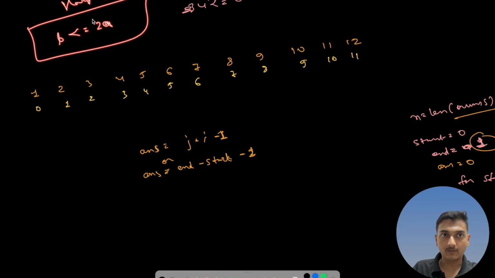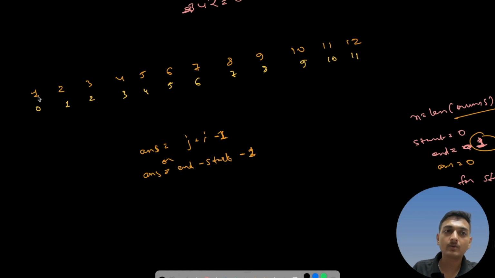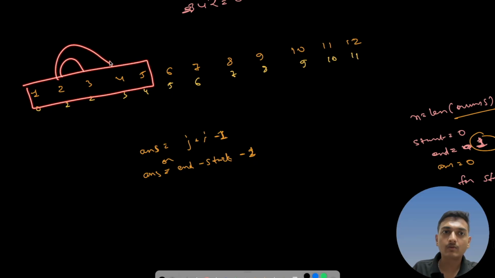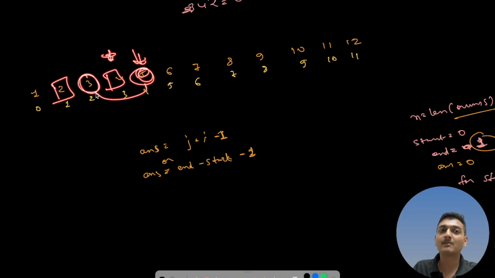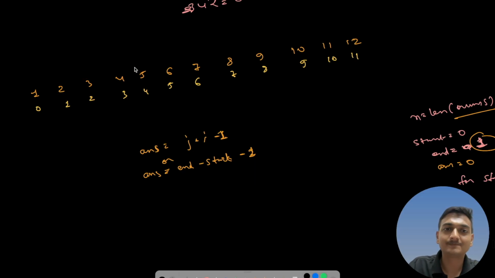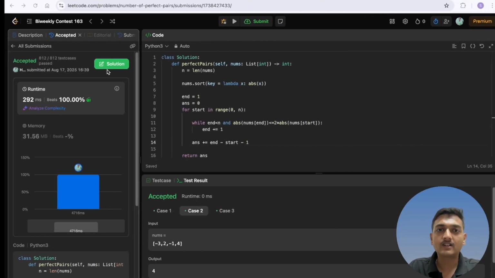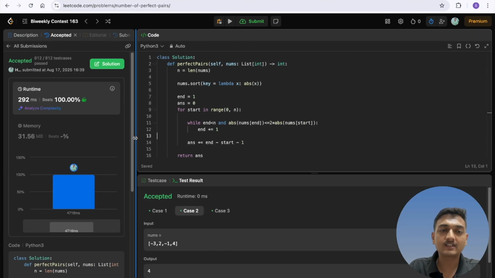The next part you can solve if you see that, brute forcefully, for 2 you have to go till here, for 3 you have to go till here, 3 to 4, 3 to 5, 2 to 6. The second observation is that if from 2 you reached 5, then from 3 you don't need to start from the beginning, you can start from here itself, because this 5 must be less than double of this 3. I hope you are able to understand what we have discussed in this video.